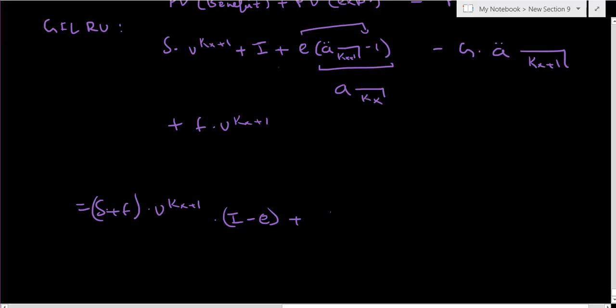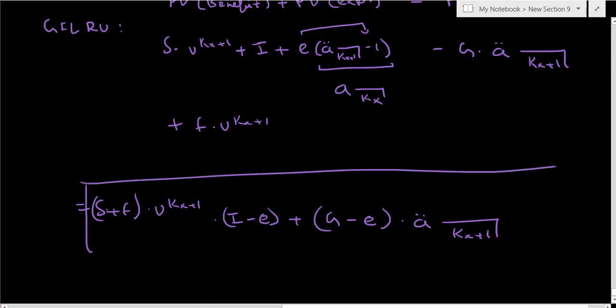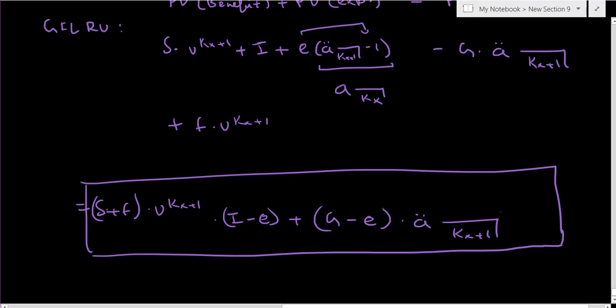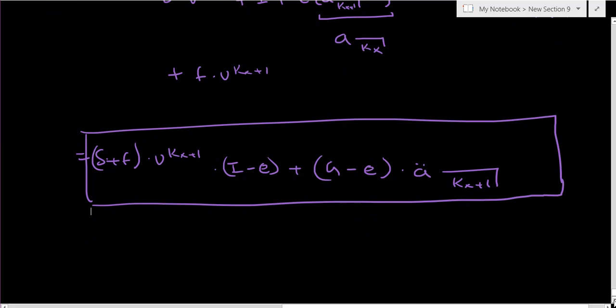Only two things that remain are this E into ä kx plus 1 and this G into ä kx plus 1. So what I do here is G minus E into ä kx. So I've just jumbled these things up. You try and do it by yourself. You'll get the same result. Okay. So this is my gross future loss random variable for such a contract.